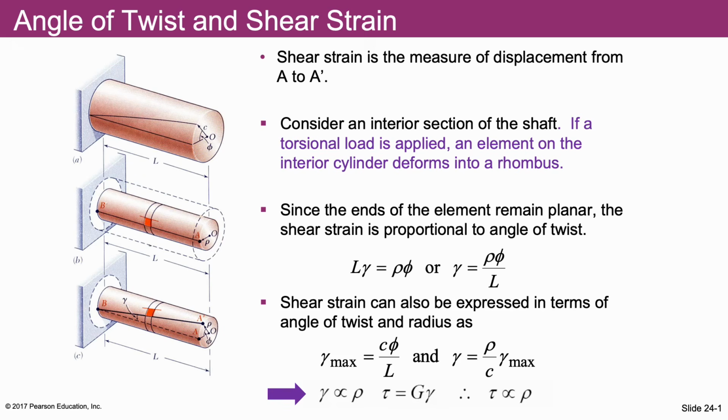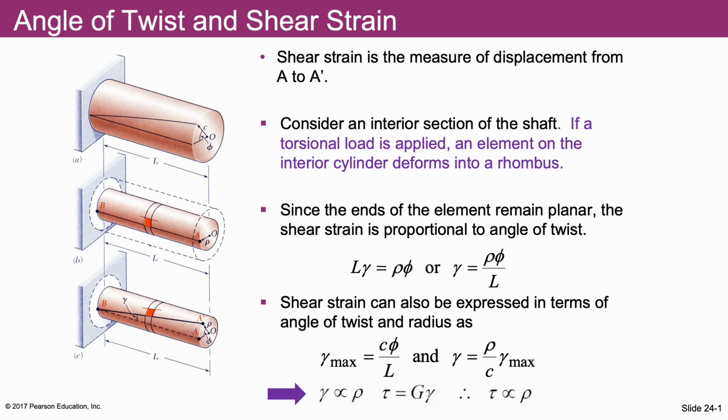So as we see from this equation, the shear strain varies linearly with the radial distance rho, and we also know Hooke's law. Please recall the shear version of Hooke's law.